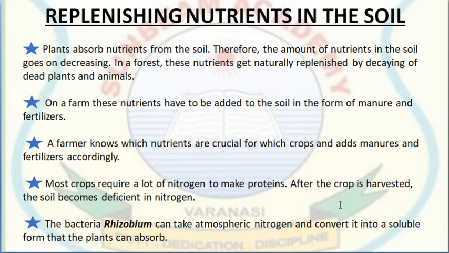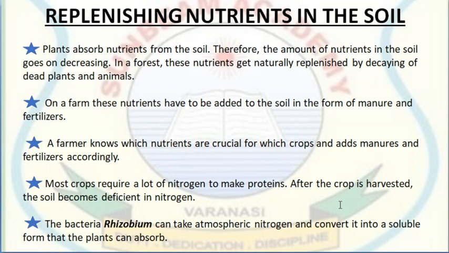Now, children, at last we have the topic replenishing nutrients in the soil. The plants absorb nutrients from the soil. Therefore, the amount of nutrients in the soil goes on decreasing in a forest. These nutrients get naturally replenished by the decaying of dead plants and animals.